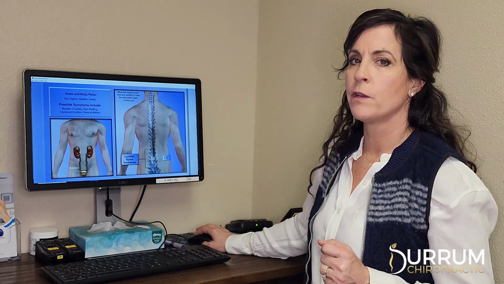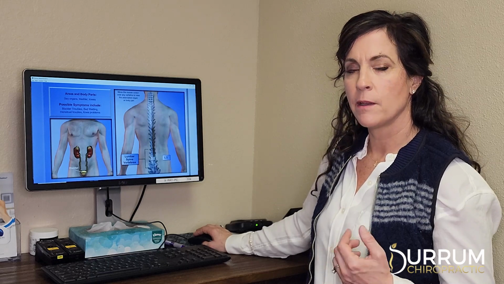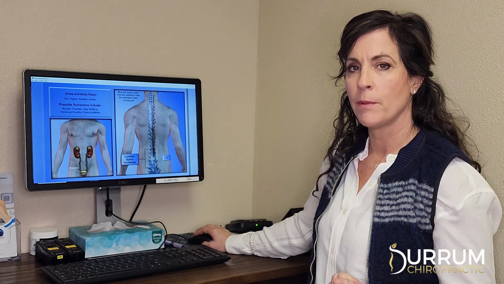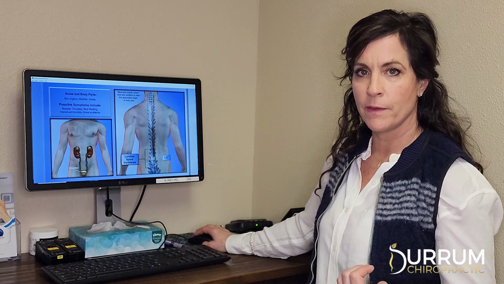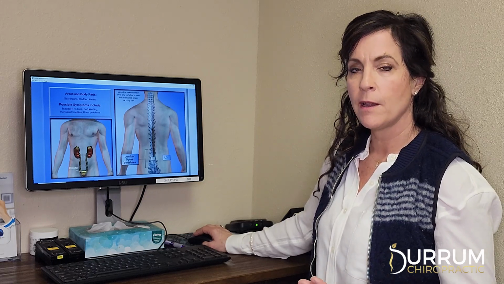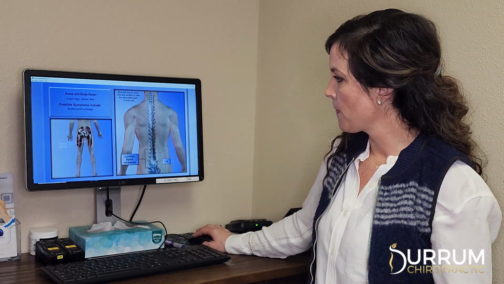L3 are the nerves that also radiate down the legs, and they go to the knees. They go to your knees, ankles, and feet. So somebody with chronic weakness or recurring injuries of the knees, ankles, and feet, that can very well be linked back to a problem in this L3 region.